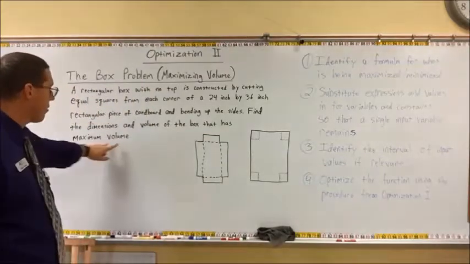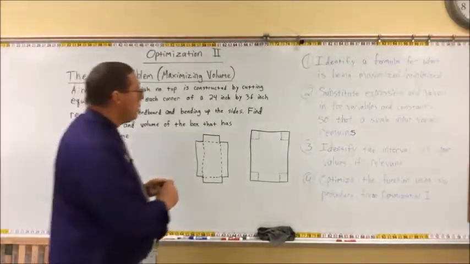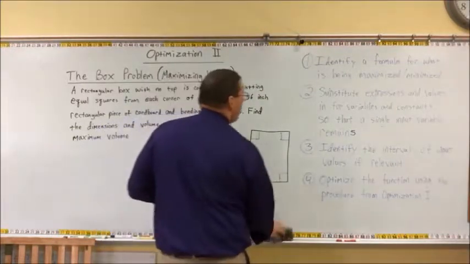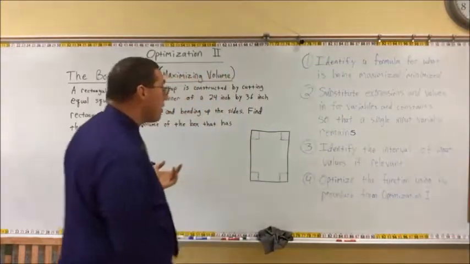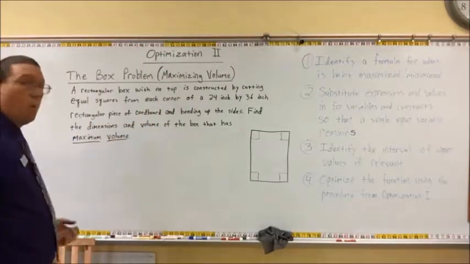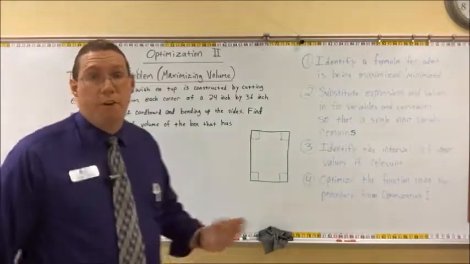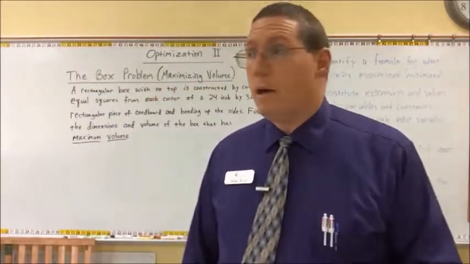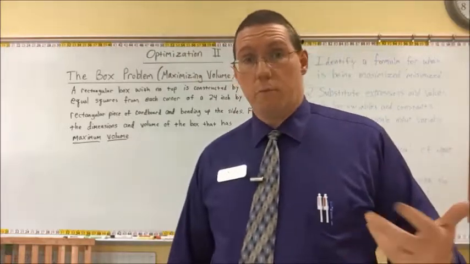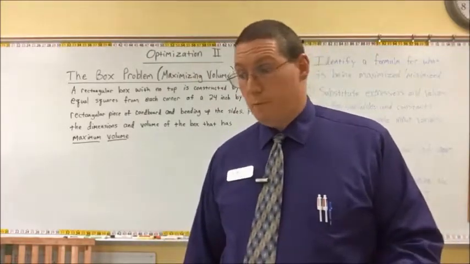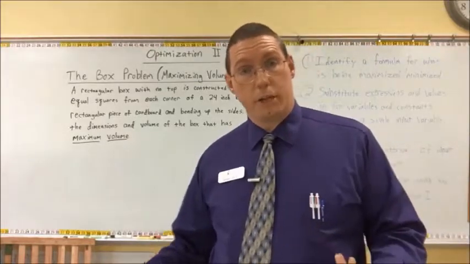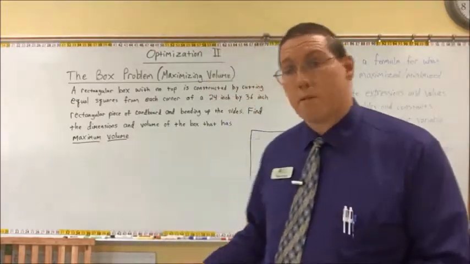In fact, it even says maximum volume. So when we identify a formula for what is being maximized, well, we're maximizing volume. There's lots of different volumes: the volume of a sphere, a cone, a cylinder, a rectangular prism, a triangular prism. So we've got to figure out what shape this is going to create.